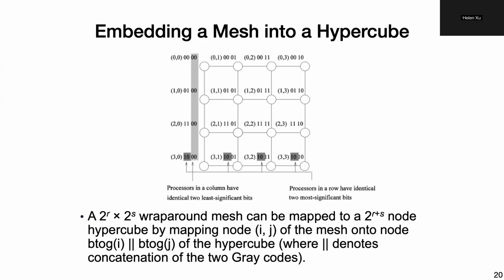This index 2, 1 would in the hypercube become binary to gray of 2 concatenated with binary to gray of 1. Binary to gray of 2 is 3 and binary to gray of 1 is 1. So you just concatenate these together. And it works in arbitrary dimensions.